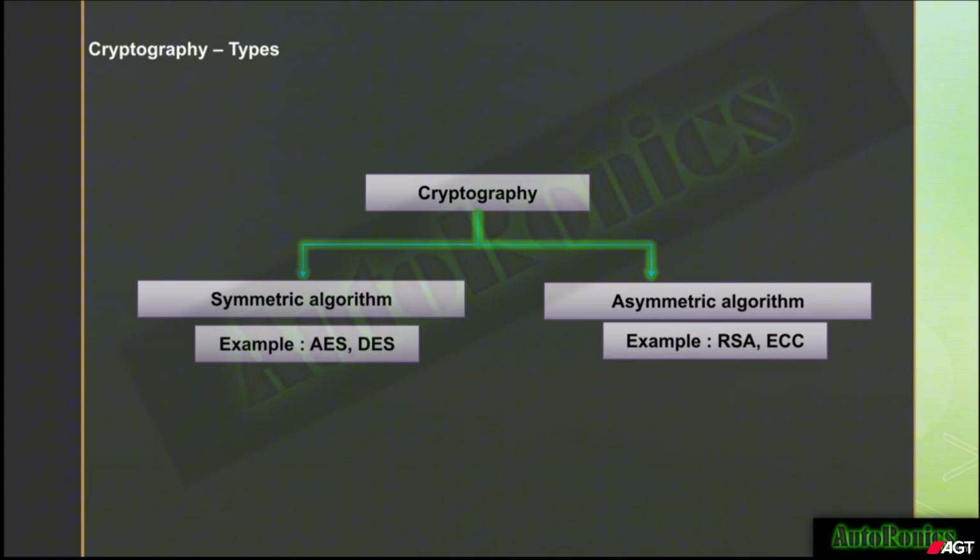That's the reason future embedded systems support the ECC algorithm. So if someone wants to go for an asymmetric algorithm, they prefer ECC compared to RSA, but each of them has its own merits and demerits, which we will see in the upcoming slides.